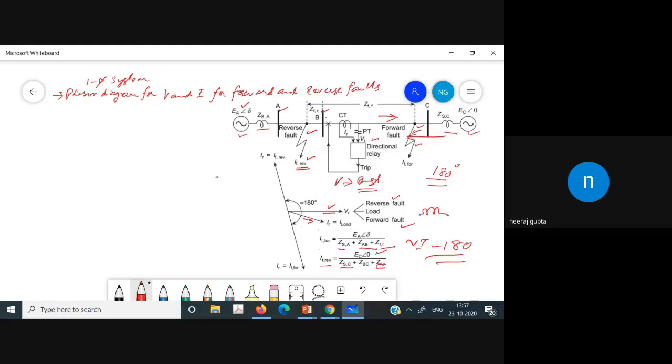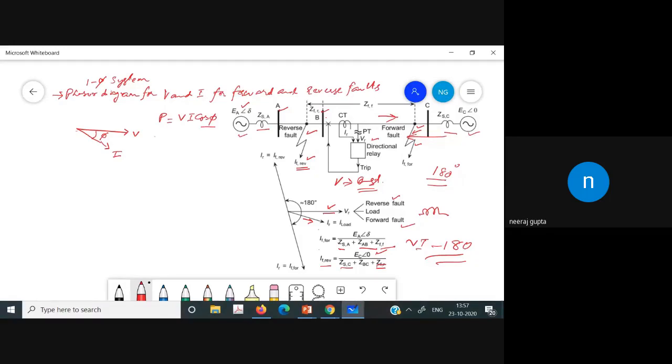Let us suppose that we have the voltage and the power, and power is given by VI cos phi, where phi is the angle between the voltage and the current. So power equals VI cos phi, where phi is the angle between the voltage and the current.